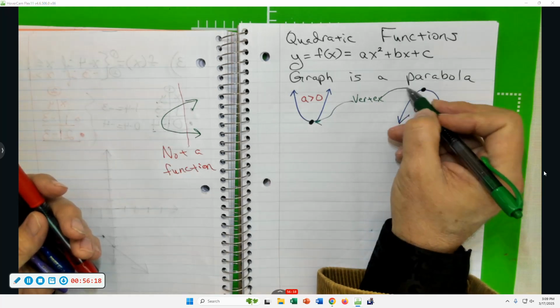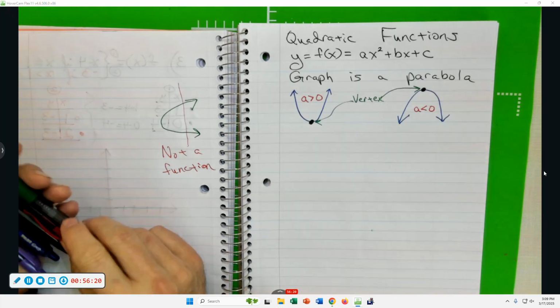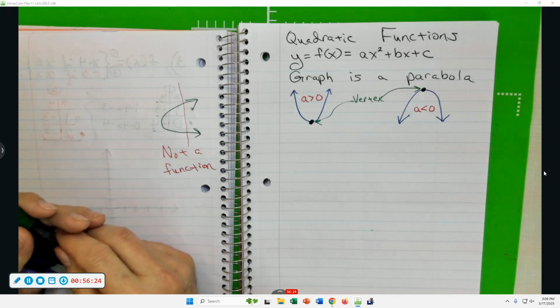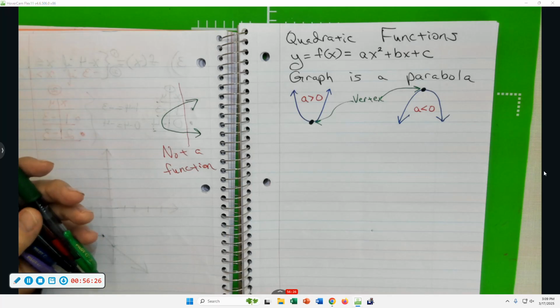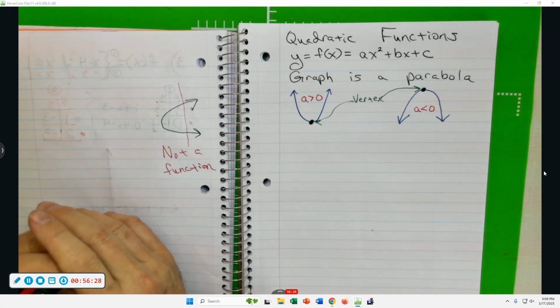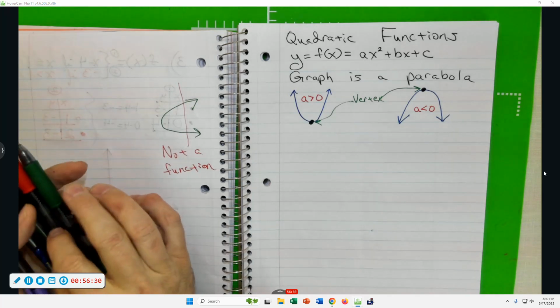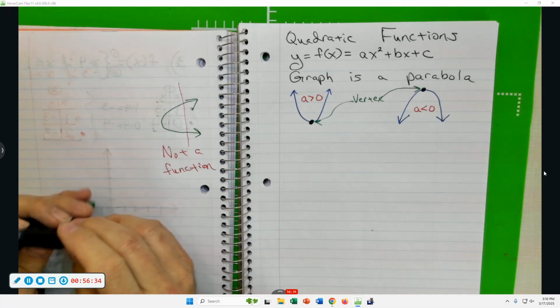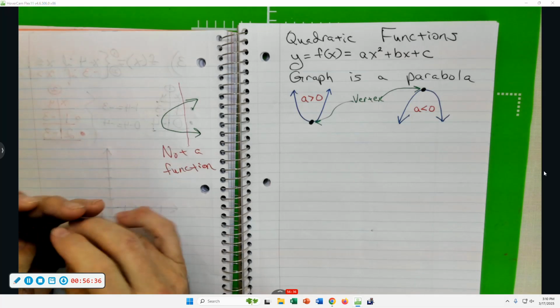There are two generally accepted methods of finding the vertex of a parabola in an algebra course. One of them involves completing the square. The other one is something called the vertex or axis formula.